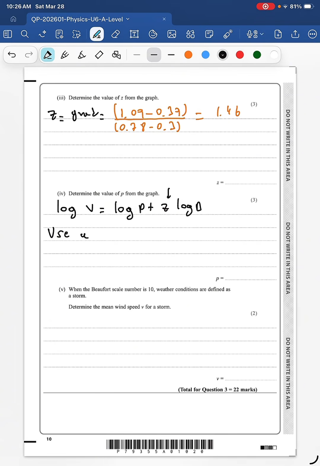Now z is known, so we can use a pair of values and plug into the equation to find the unknown. Let me use a clean page and you will see what I mean.